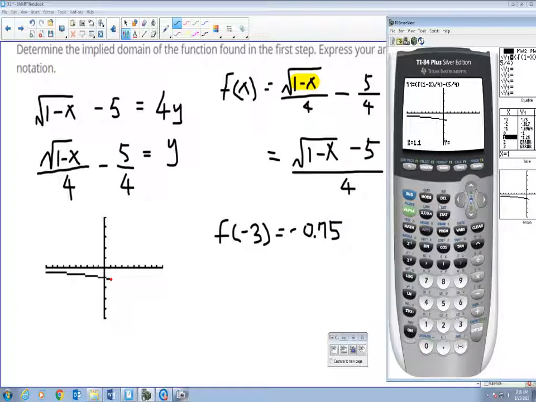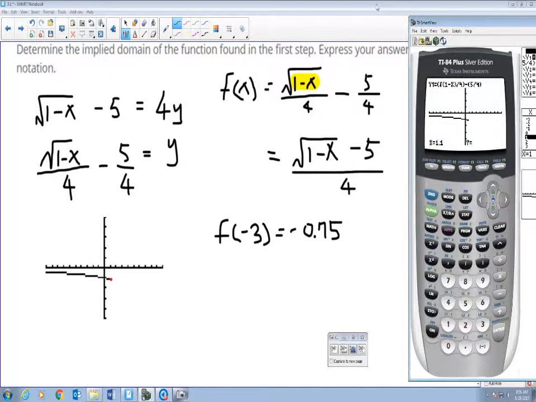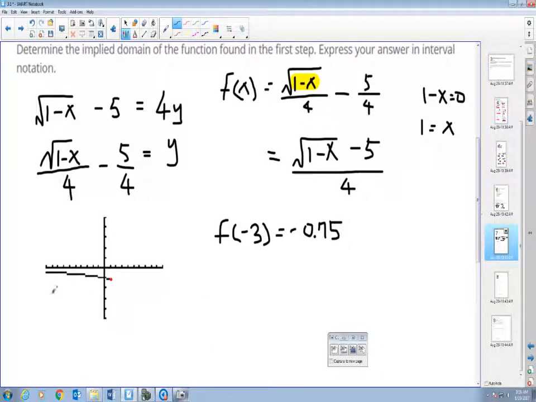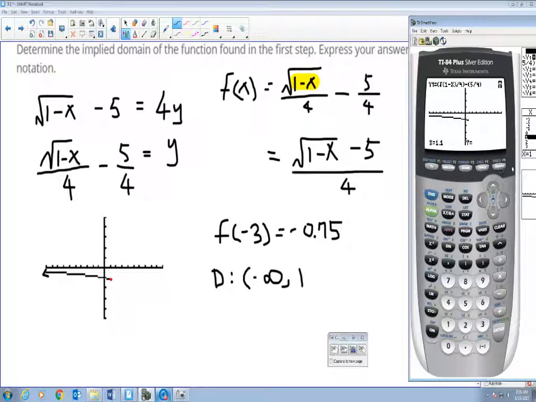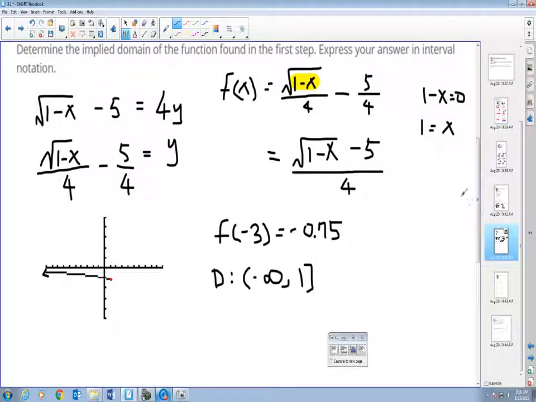So that means my function stops at x equal to 1. So for my domain, coming from the left side, small to large, my domain will have to be from negative infinity all the way to 1. And 1 is actually on the line because you just saw when x equals 1, there's a y value that exists. So I use a bracket.